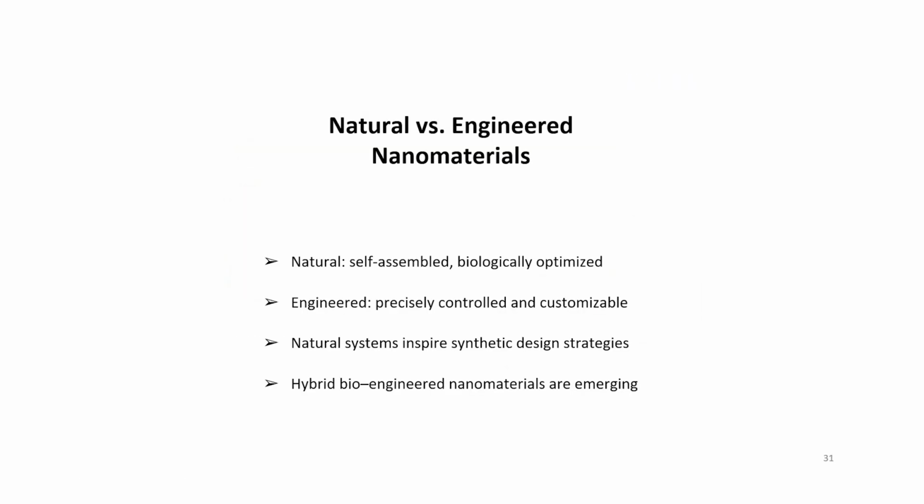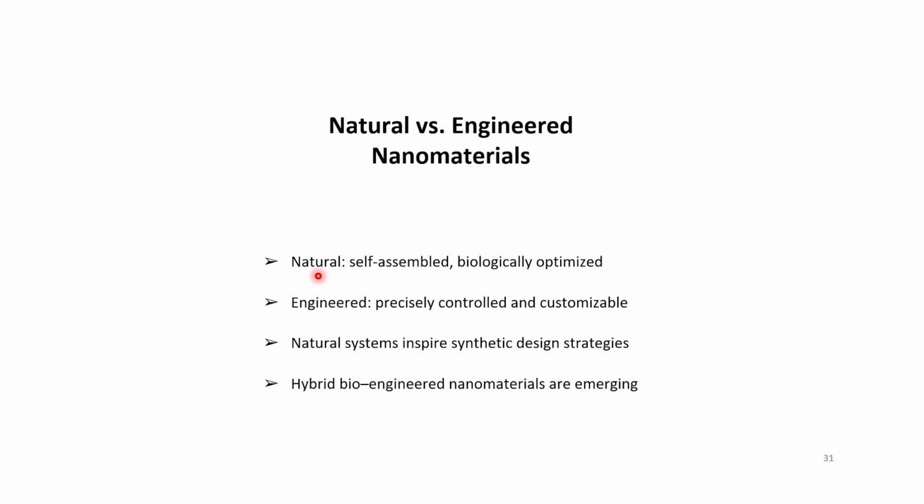So, natural versus engineered nanomaterials. Natural nanomaterials are self-assembled and biologically optimized. Engineered nanomaterials are precisely controlled and customizable. Natural nanomaterials, formed by natural processes, are self-assembled and inherently optimized biologically.